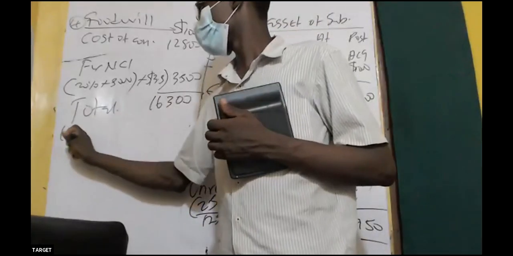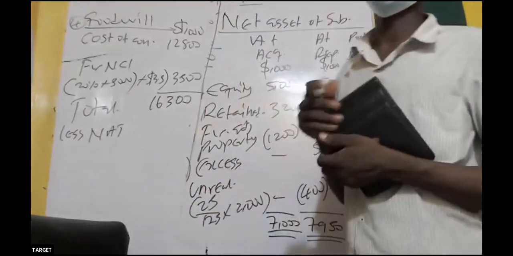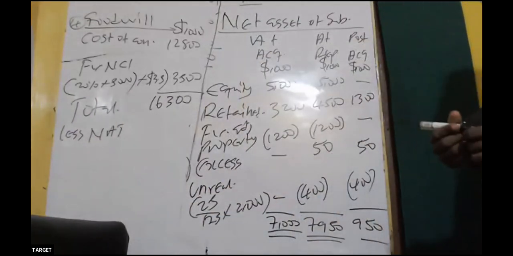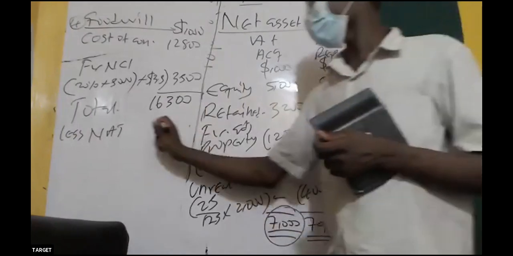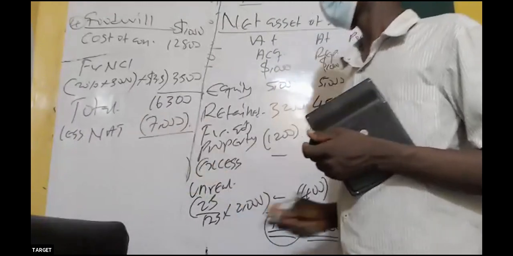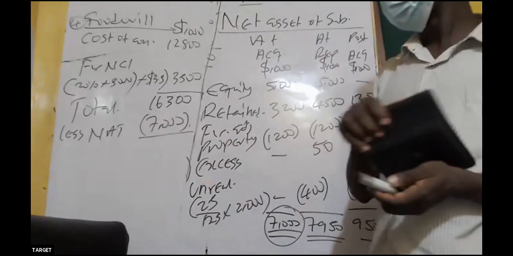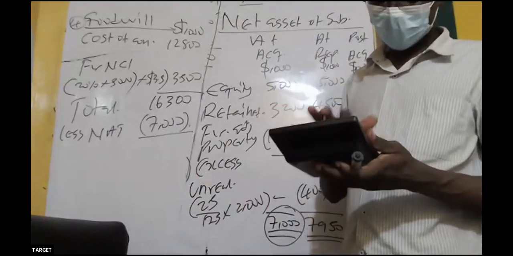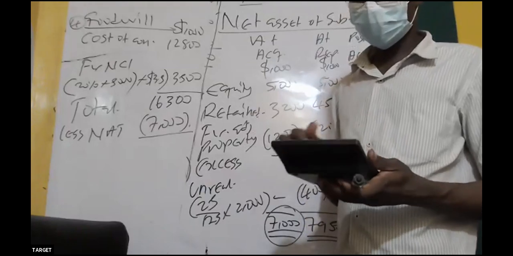Less the net asset at acquisition. So subtract net asset at acquisition, which is 7,000 here. So 16,300 less 7,000 is 9,300.